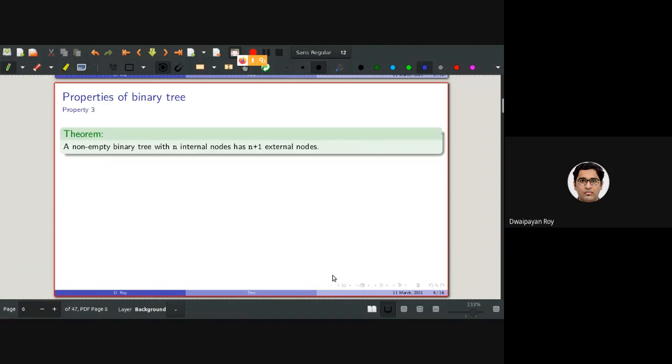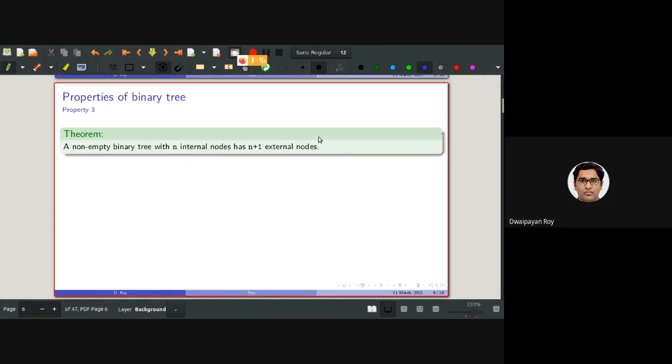Moving on with the third property. The third property is a non-empty binary tree with n internal nodes will be having exactly n plus 1 external nodes. So I hope you remember what is an internal node and what is an external node. Can someone tell me what is an internal node?